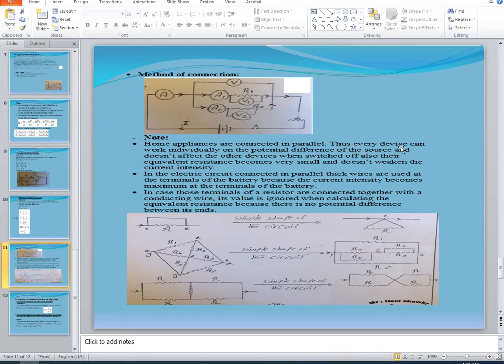Thus, every device can work individually on the potential difference of the source and doesn't affect the other device when switched off, although their equivalent resistance becomes very small and doesn't weaken the electric current intensity. Okay, this is why we prefer to connect the devices at home in parallel connection.